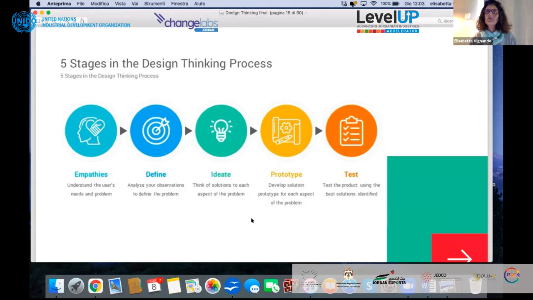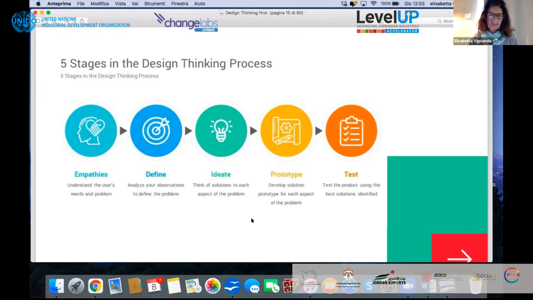Then we have to ideate and think of a solution to each aspect of the problem. So to ideate a new service or a new product is a matter of, again, end user research. So we have to understand very deeply who our customers are, and the need of our customers, and how we can organize and ideate a better solution for our end user.